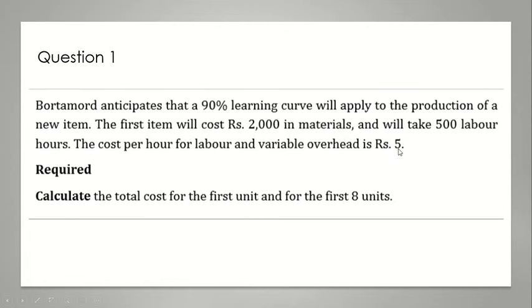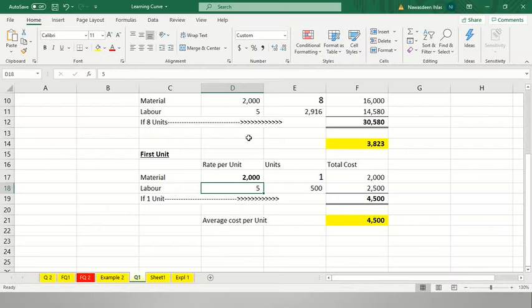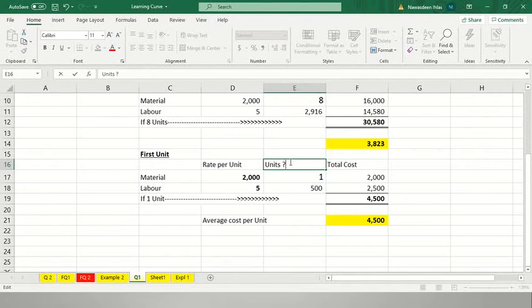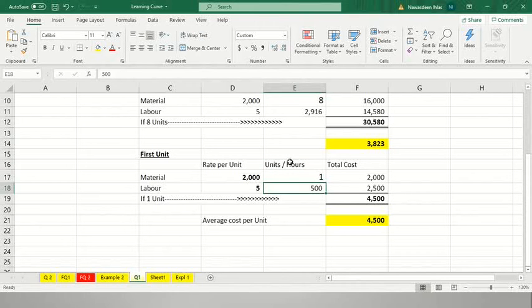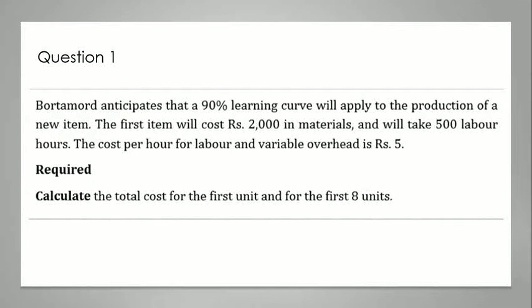So 5 into 500 plus this 2000 will be our total cost for this particular unit. For the first unit we need how many labor hours? We need 500 labor hours.